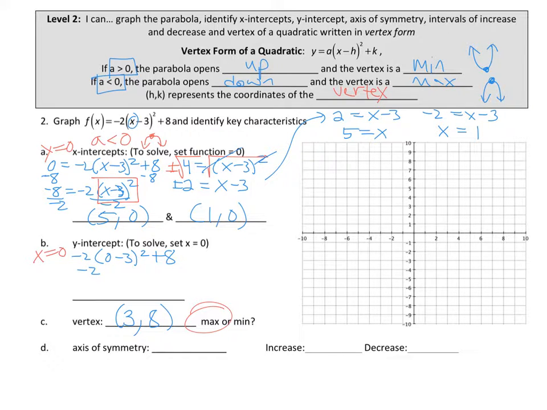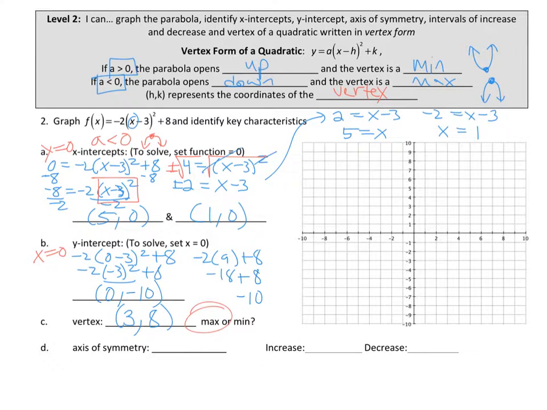So this is -2 times -3 squared plus 8. Following order of operations, I'm going to do my exponent first. -3 squared is 9. -2 times 9 plus 8, that gives me -18 plus 8, which is -10. So the y-intercept is 0, -10, written as an ordered pair.